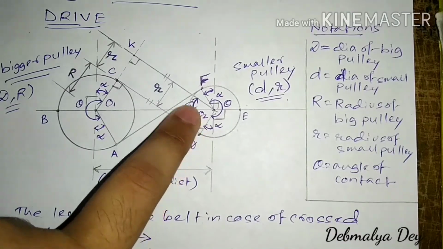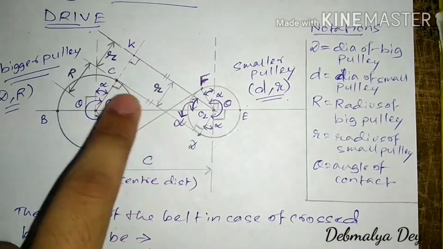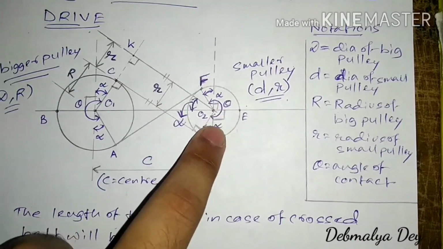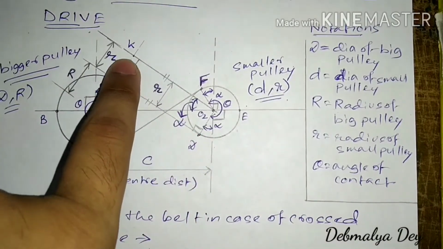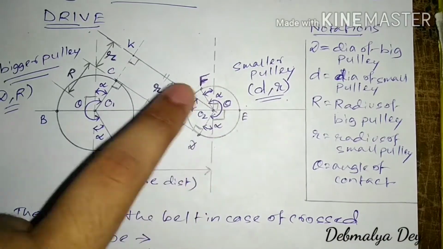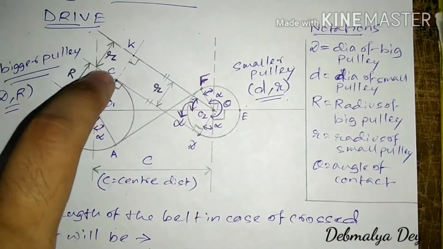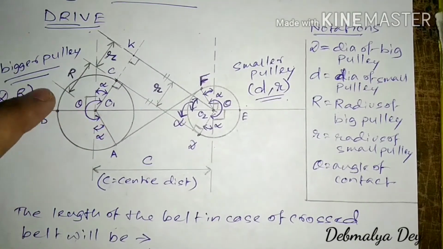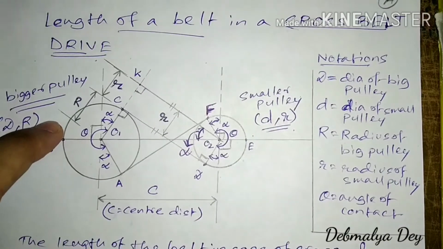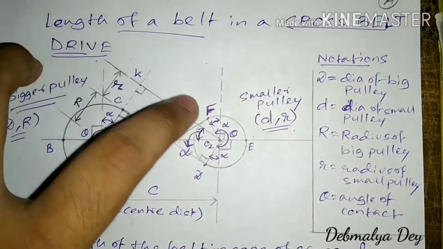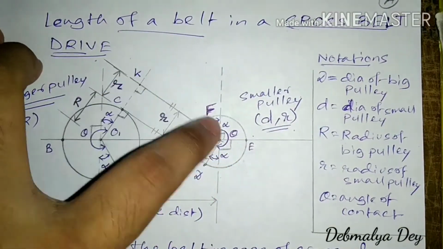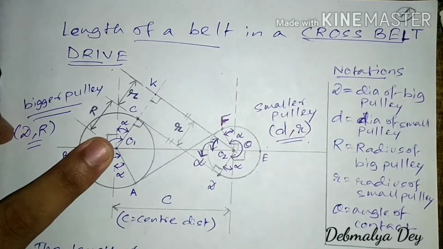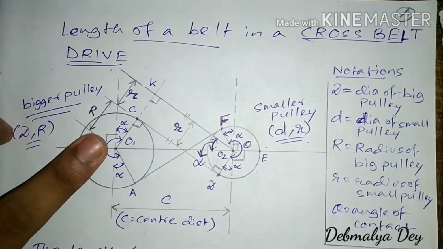So this distance CK will be equal to O2D, which is the value of small r, the radius of the smaller pulley, and this distance O1C will be equal to R. Now from here we are getting a right angle triangle. What is that? O1K O2. Now we will use this right angle triangle to find the formula for cos alpha.